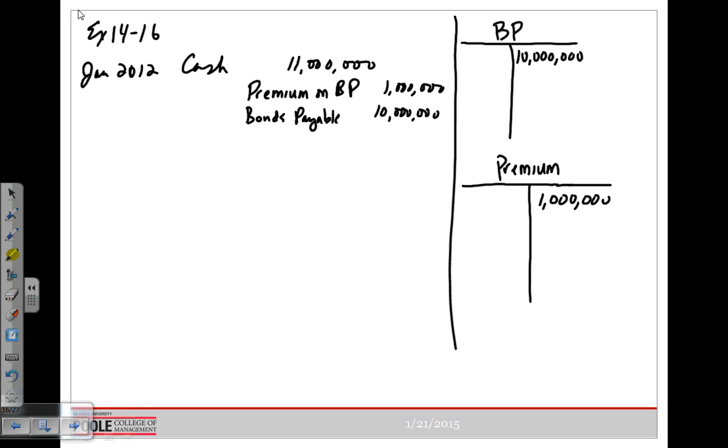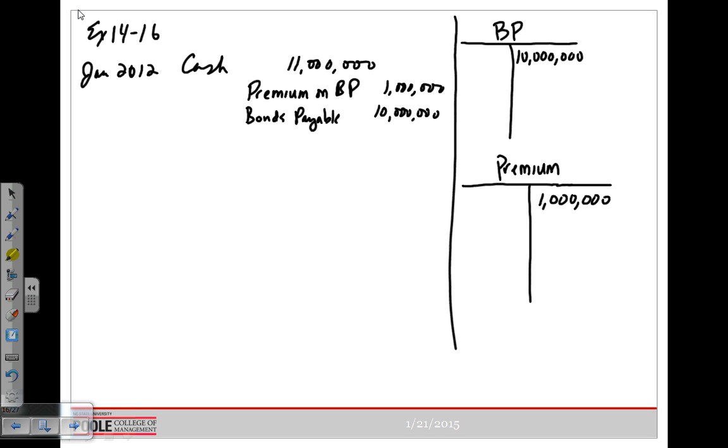And we can see at the issuance, we see the $11 million carrying value. And luckily, these bonds are going to use the straight line method. The corporation is going to use the straight line method.